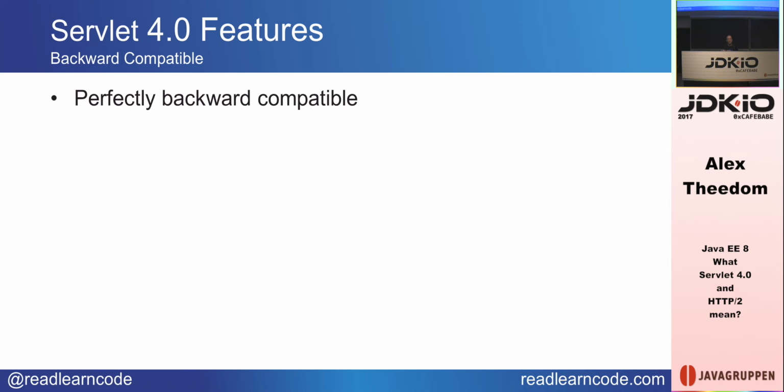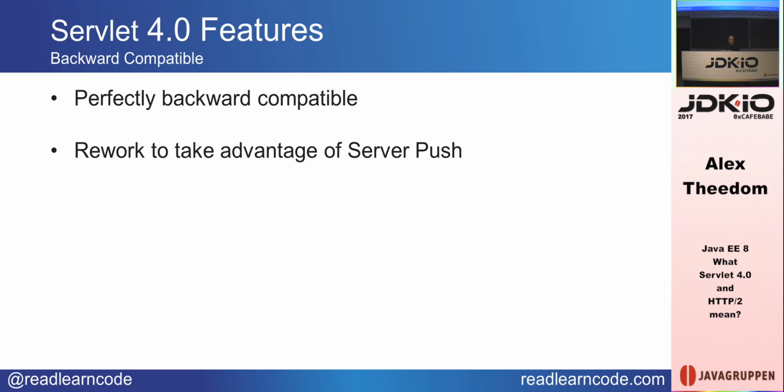So, Servlet 4 features, perfectly backward compatible. You don't actually really need to do anything. You can use it out of the box as it is. Just upgrade to Servlet 4 and you're fine. But you might want to consider reworking all the workarounds that have been developed to deal with these kinds of issues.